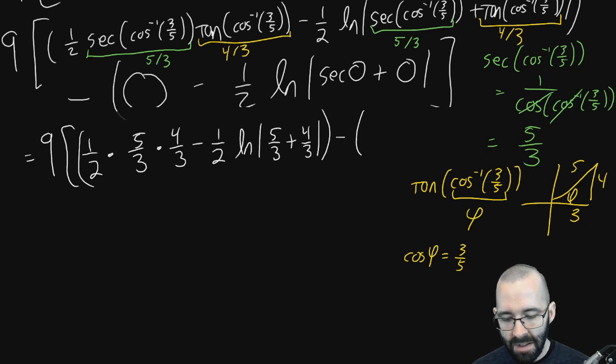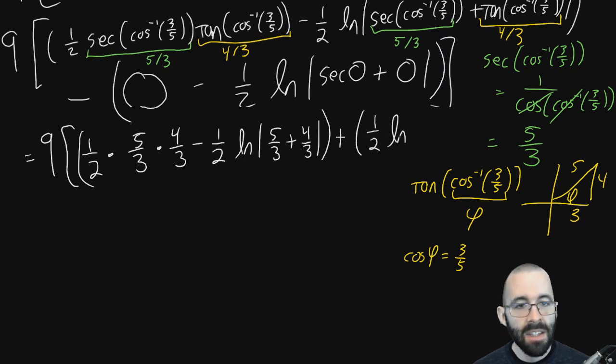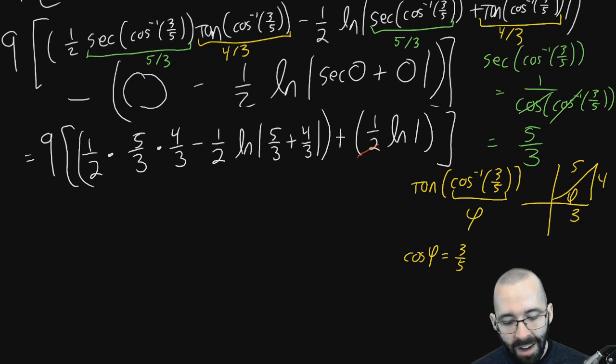Oh, wait, there should be parentheses here, right? We're subtracting this, so we're subtracting a negative 1/2, which means we're adding a positive 1/2. Secant of 0 is 1 over cosine of 0. Cosine of 0 is 1. Natural log of 1 is 0.